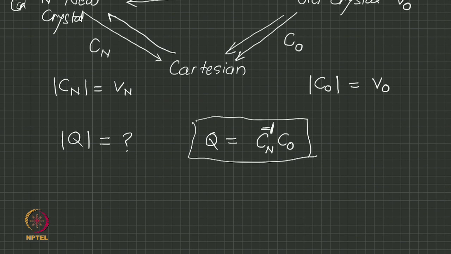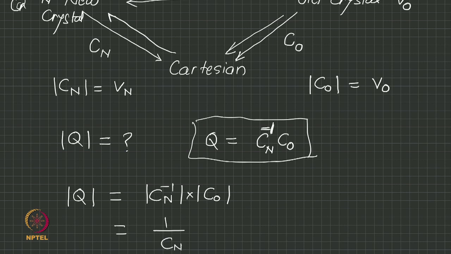Now you know the property of determinants: the determinant of a product is the product of determinants, and the determinant of an inverse matrix is 1 by the determinant of the matrix.